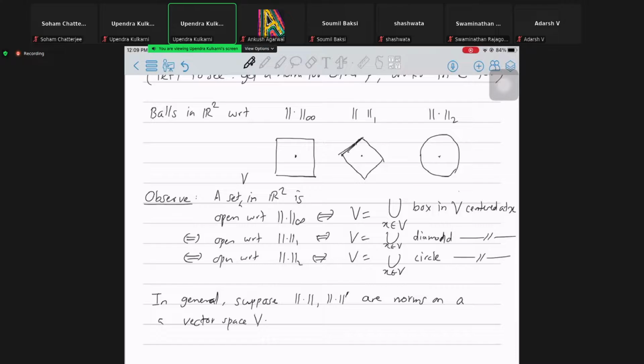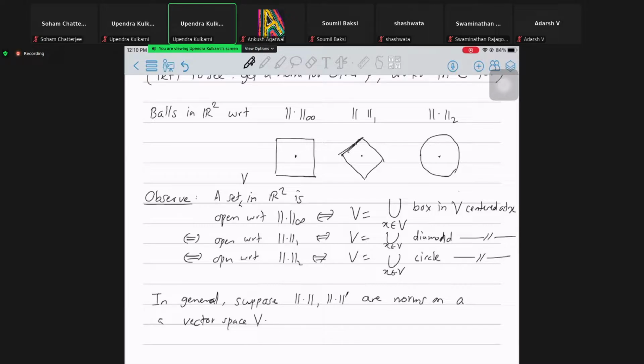I want to somehow abstract out a property of these boxes and diamonds and whatnot, such that it gives me a way to decide when the topology induced by these two norms is exactly the same. And what was the idea? The idea was that inside each square, I can put a diamond, and inside each diamond, I can put a square.